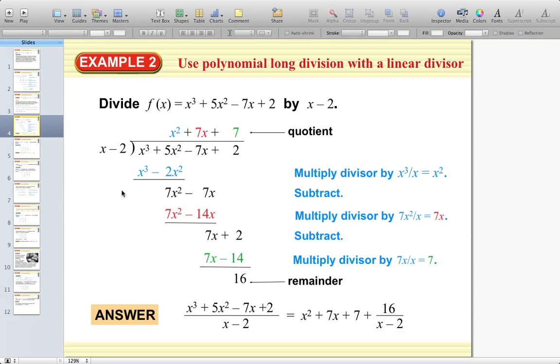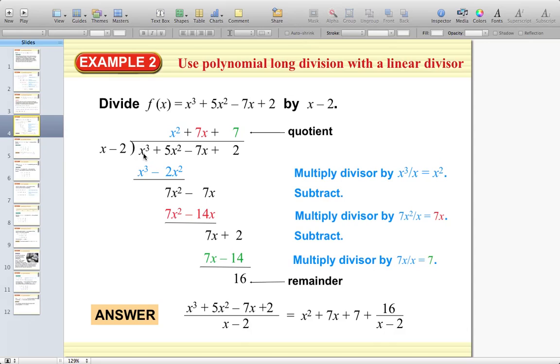So let's take a look at another long division. This time we have a linear divisor, so nice and easy. Set up our problem. We have x to the 3rd power plus 5x squared minus 7x plus 2 divided by x minus 2. So the same process.